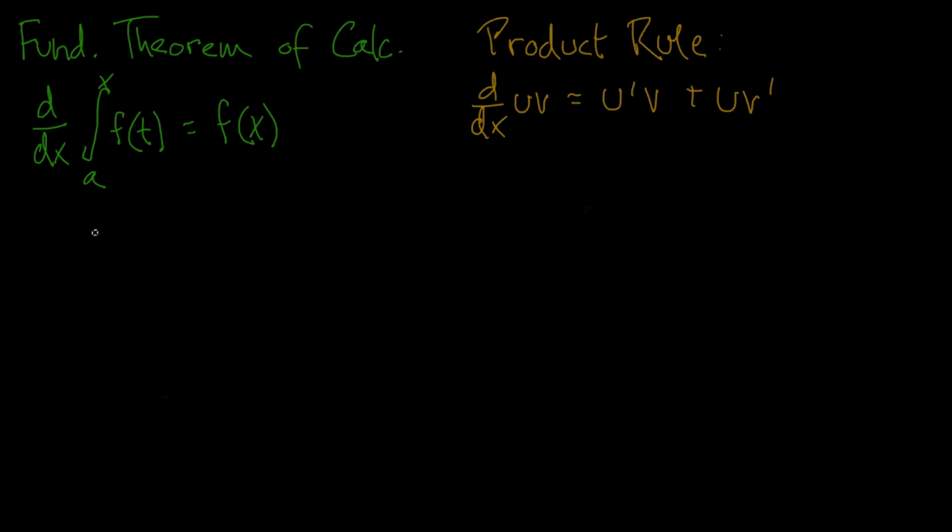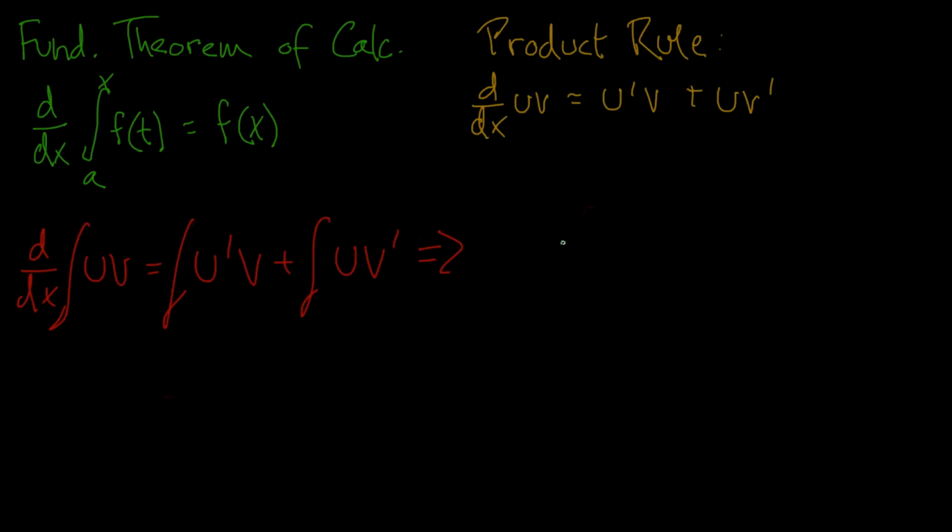If I were to take the integral of the product rule, right, and I consider the fundamental theorem of calculus, we can rewrite the left-hand side of the equation as just uv, as so, right?